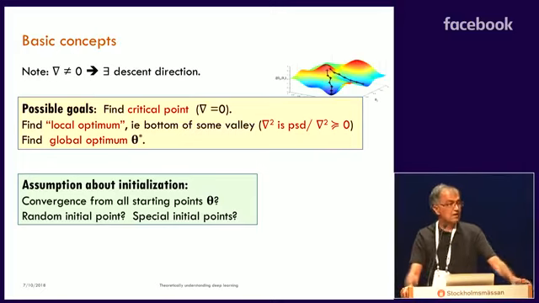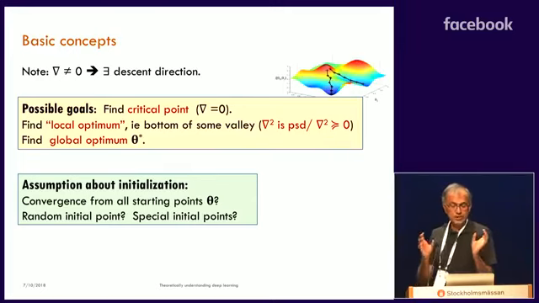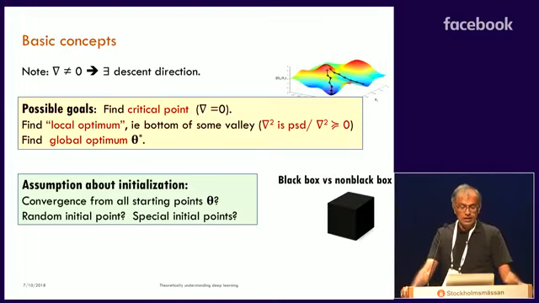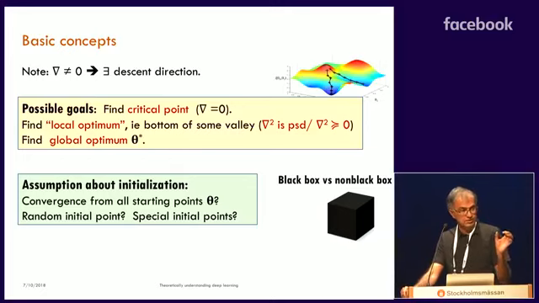Or, to make life easier for theory, as a first step, you could try to prove convergence from some special initial points. And you could then describe how to get to those initial points in some way, and from there, gradient descent could take over. Another crucial concept to be aware of is black box versus non-black box analyses, which I'll talk about more in the next slide.